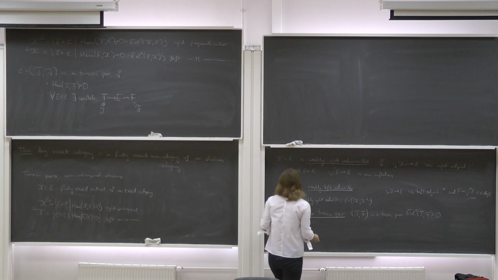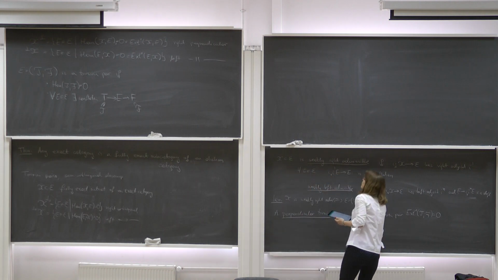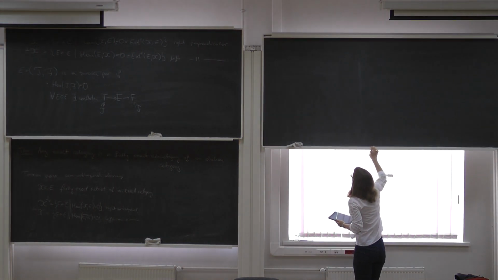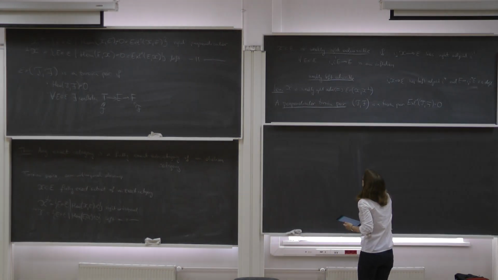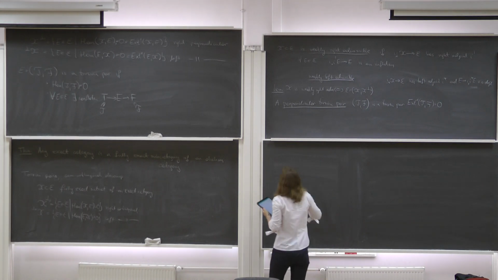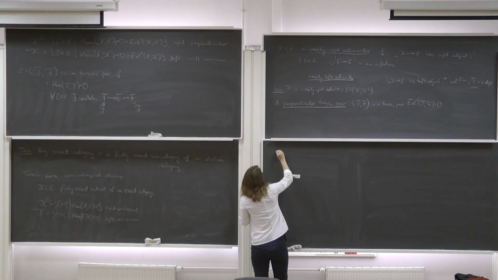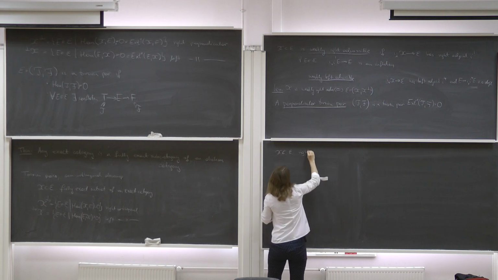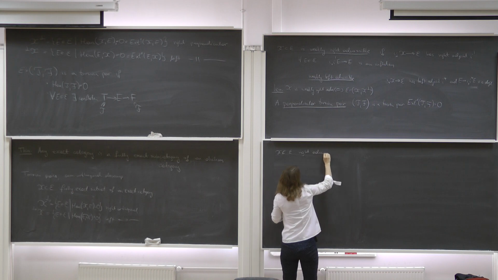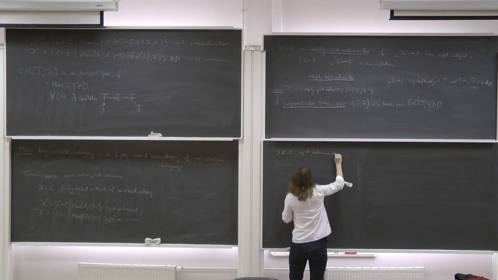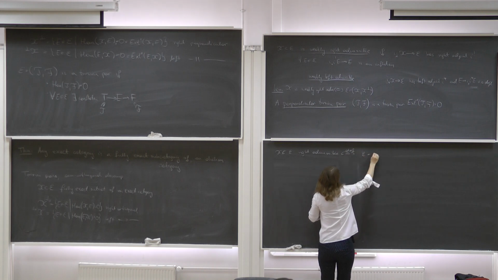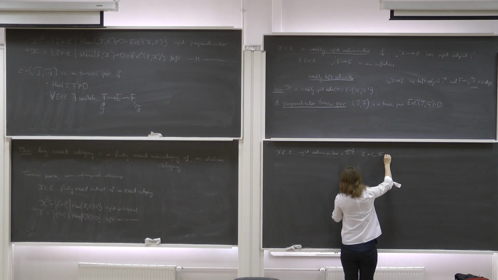And then, so this was weakly right admissible. So I will make a slightly different definition of admissible. So X in E is a subcategory, is right admissible, and this is a definition, if there exists a perpendicular torsion pair.